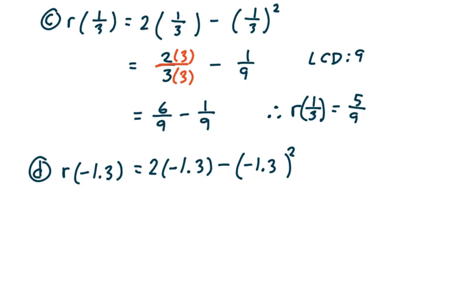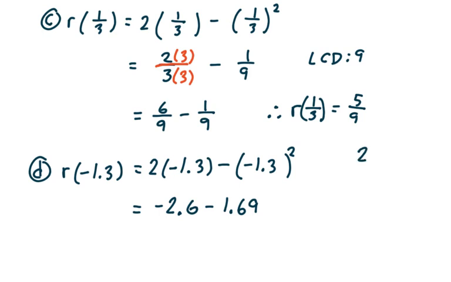So we have to remember our order of operations. We have to square out that negative 1.3 first and then attach a negative. So on the very next line, I'm going to get negative 2.6. That's if I double 1.3. And I'm going to subtract off 1.69.